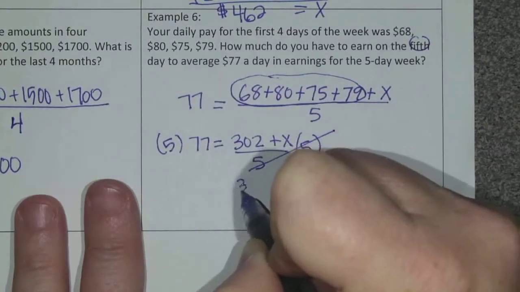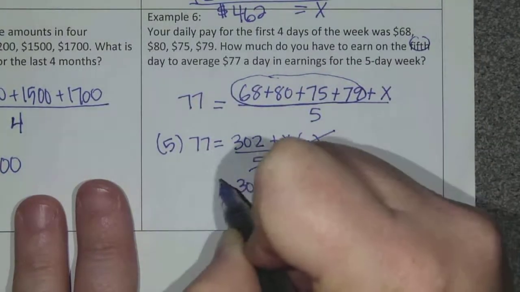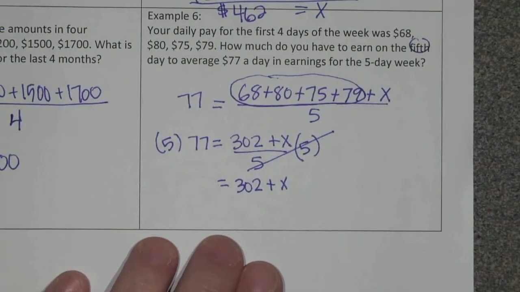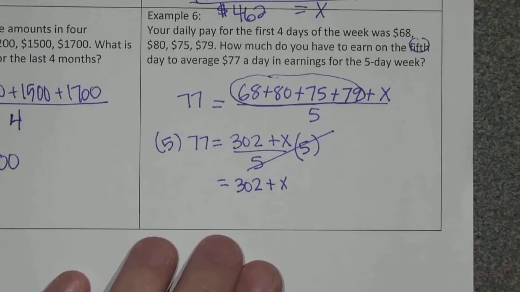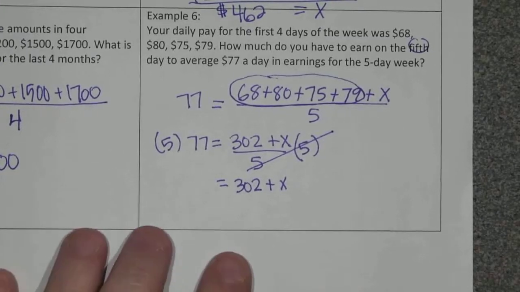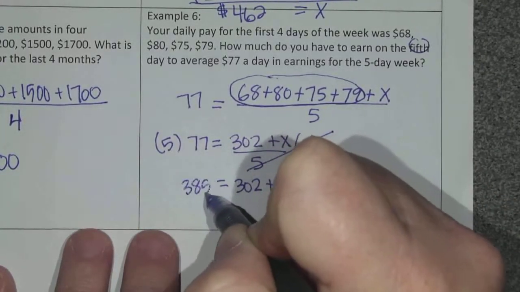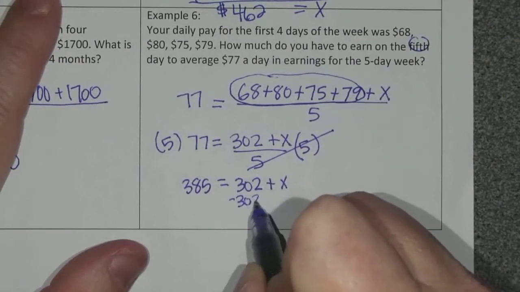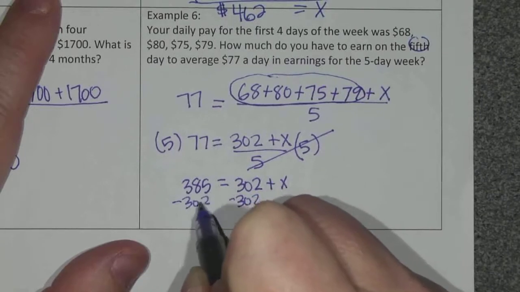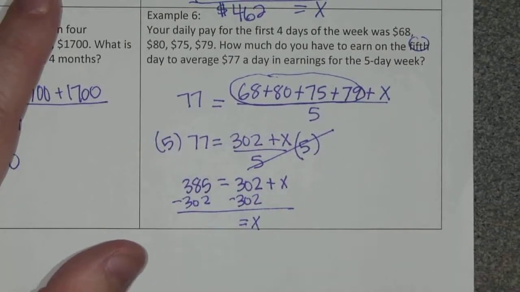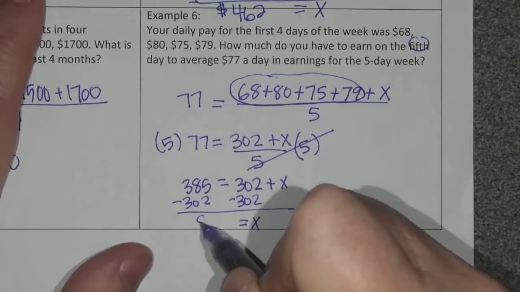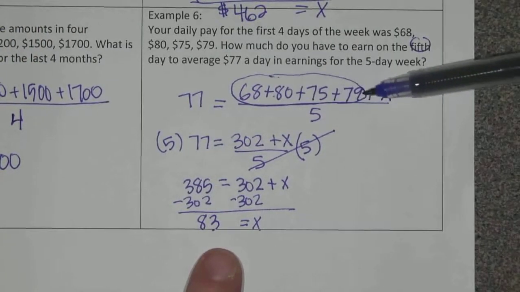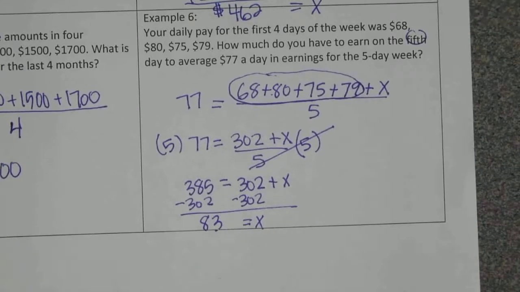Over here it cancels to just 302 plus X. And on the other side I have 77 times 5, which is 385. And then the last step is to subtract that 302. And my X value is 83. Which again makes sense with my start of my numbers up here. It makes sense with the range it should be in.